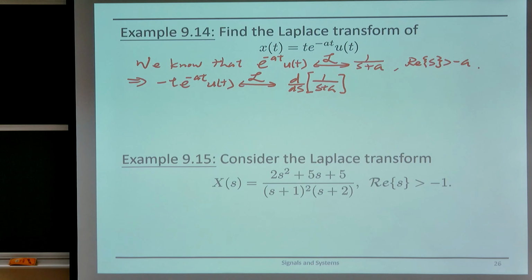What we really want is t times e to the minus at, so let me move this negative sign to the other side. If you work out this derivative, this will give you 1 over s plus a squared, with the region of convergence remaining the same.